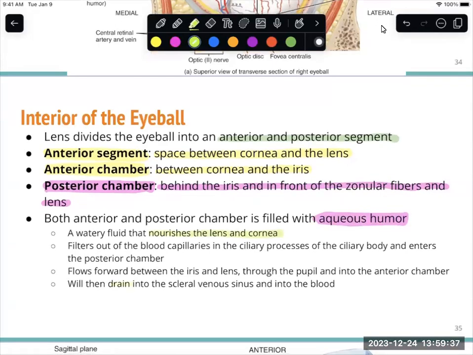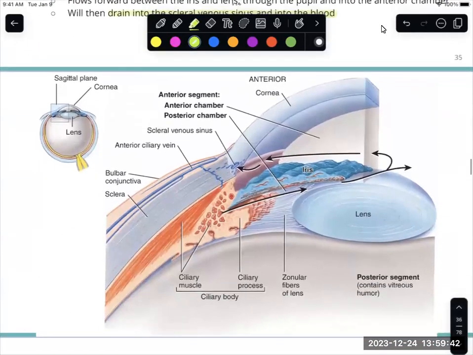This drains out. Let's look. We have blood vessels in part of the ciliary body here. From those blood vessels, we're pulling out fluid and we are making aqueous humor.